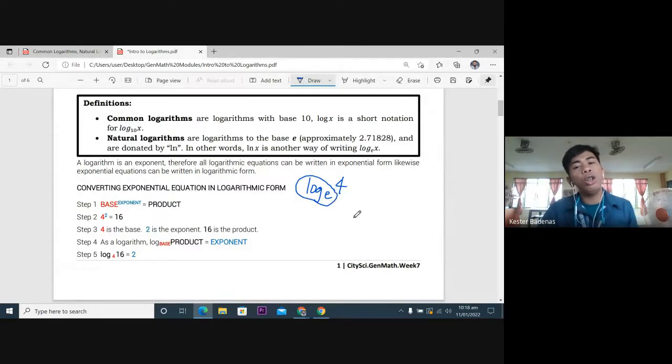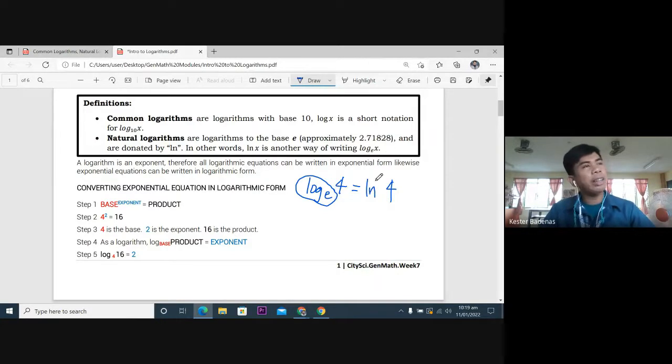We will not write log with base e. Instead, we will write ln of 4. So, ln is the symbol for natural logarithms. Because natural logarithms are logarithms with the base e.